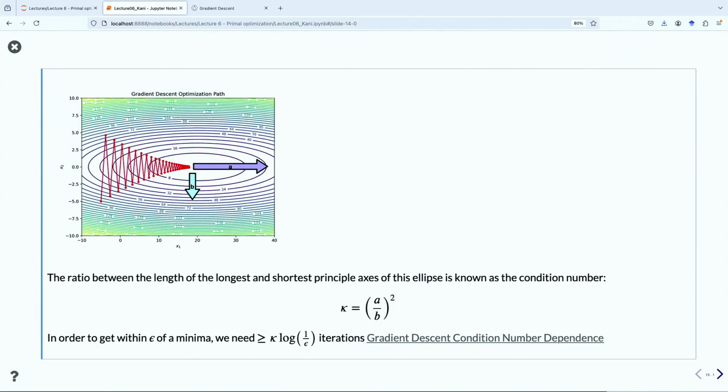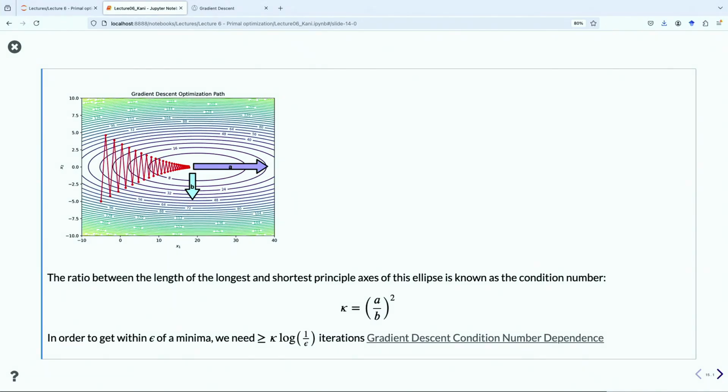There's an idea in optimization that you could prove that in order to get within some distance epsilon of the minima, you need at least the condition number times log of 1 over epsilon iterations. So the larger the condition number, the more squished one dimension is, the more iterations you'll need to get to an optimum. So yeah, that sucks.